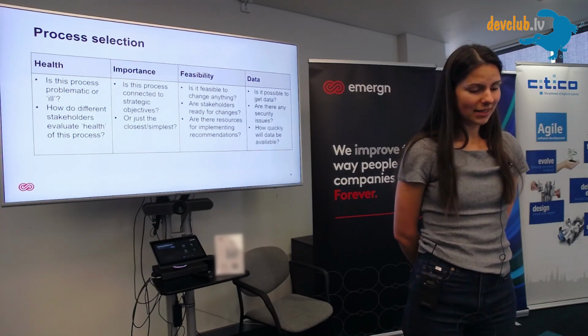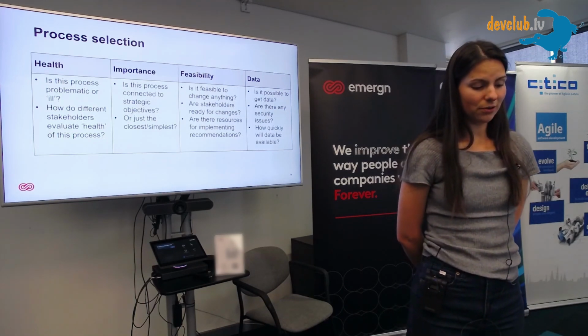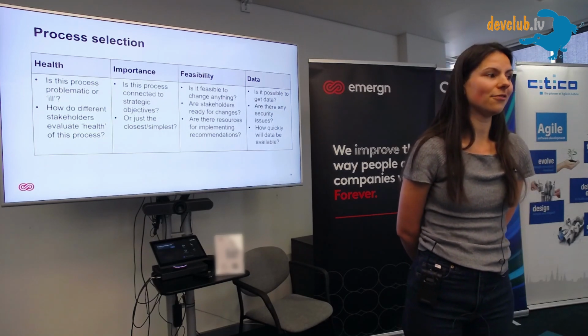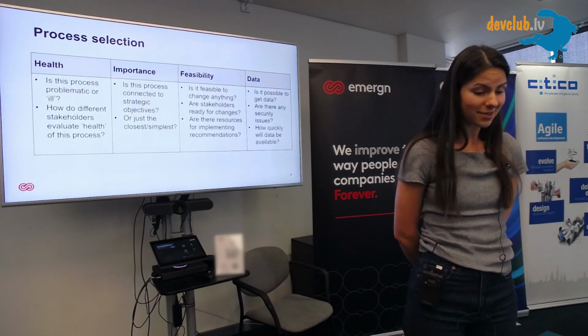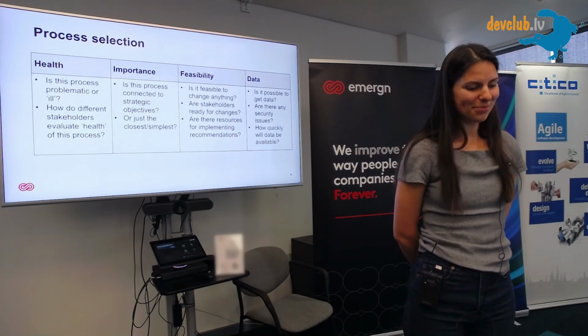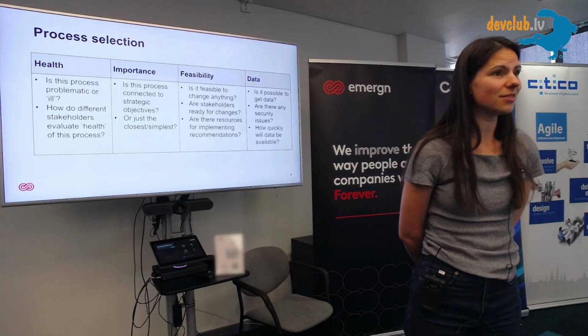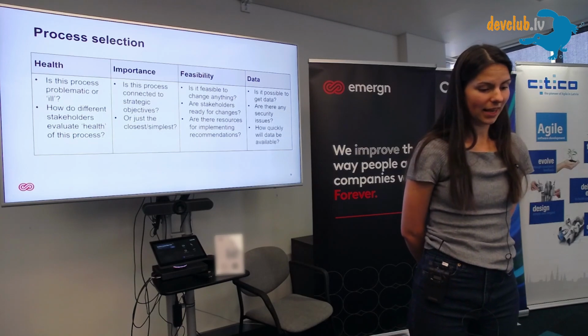The third perspective is feasibility. Is it even feasible to change anything? Are your stakeholders ready for improvements and changes? Because we know that changes are hard to implement, and we need resources for that: budget, people, knowledge, skills, everything is needed here.